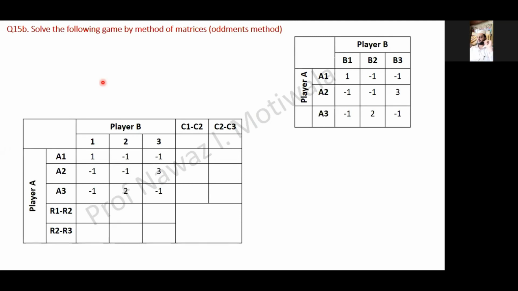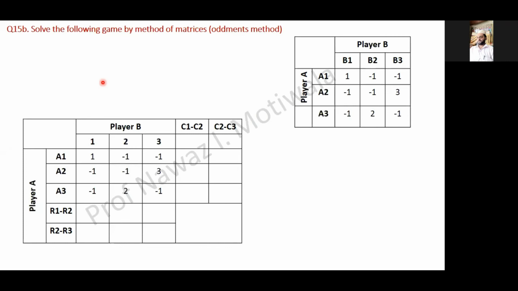So for the oddments method, for 3 by 3 columns and rows, first we have to subtract the first column from the second column, and then the second column from the third column.